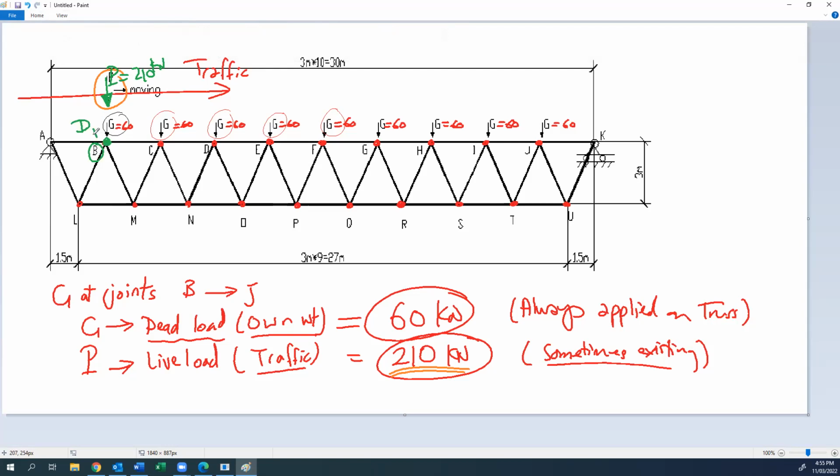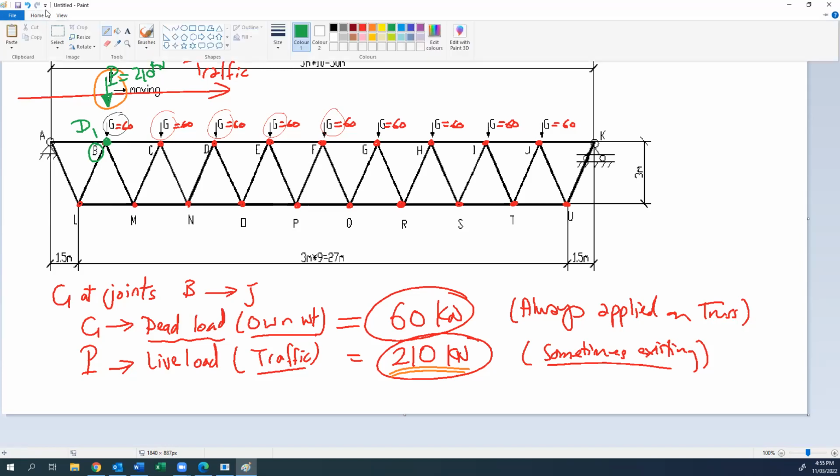So group D1 will solve this truss with G 60 and B 210 at B. At this joint for group D1, the load is 60 plus 210, equal to 270 kilonewtons. What you have to do is analyze the truss, get the reactions, and then find the forces in the members as we have done in the example.